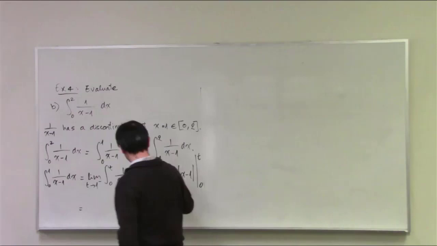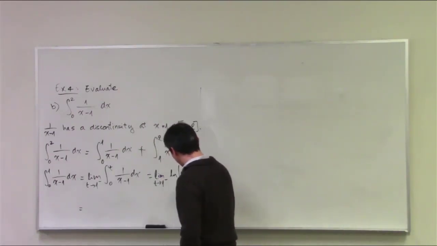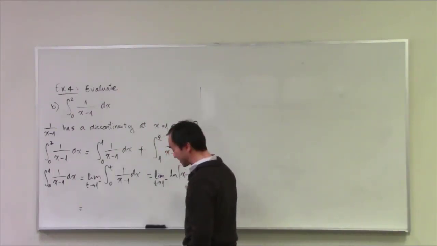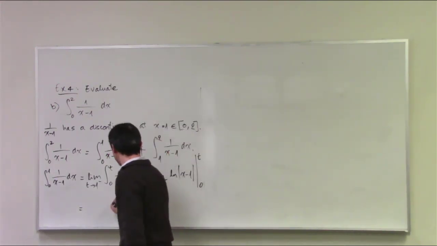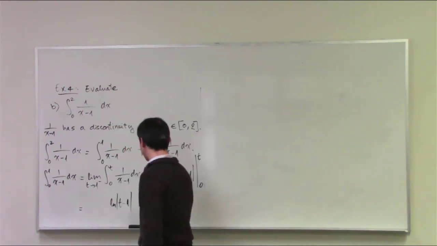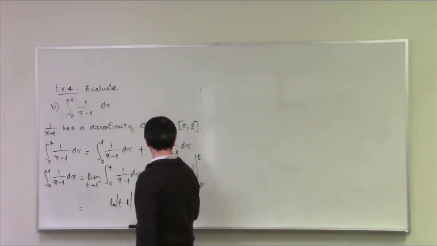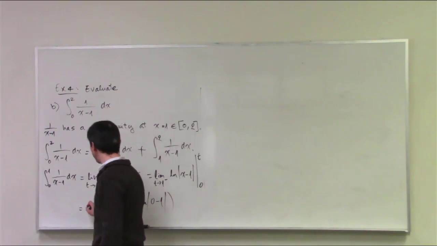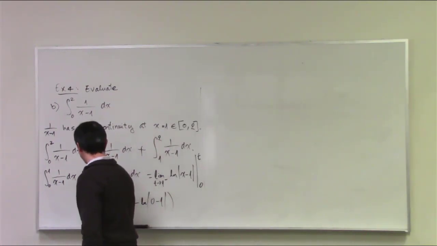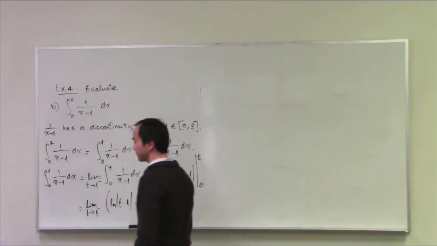That's why it's extremely important to use the logarithm of the absolute value. When substituting, we get the natural log of the absolute value of t minus 1, minus the natural log of the absolute value of 0 minus 1. I'm going to take the limit as t gets close to 1 from the left-hand side.